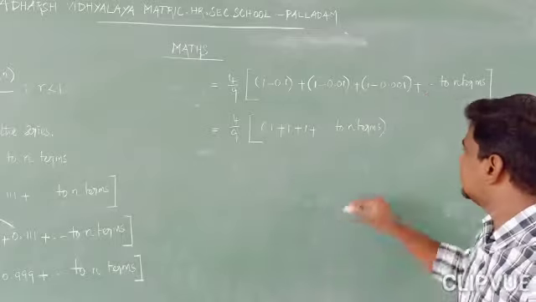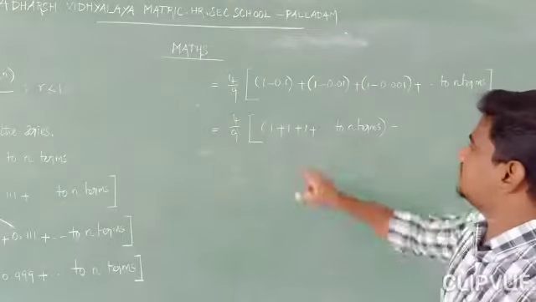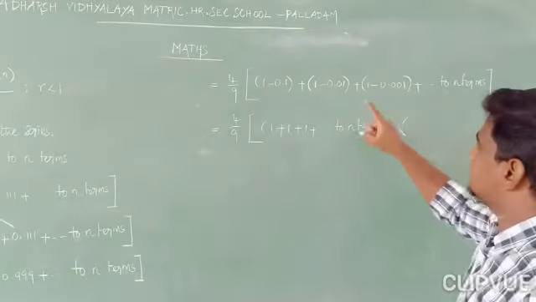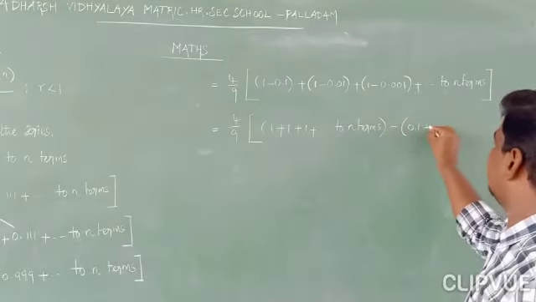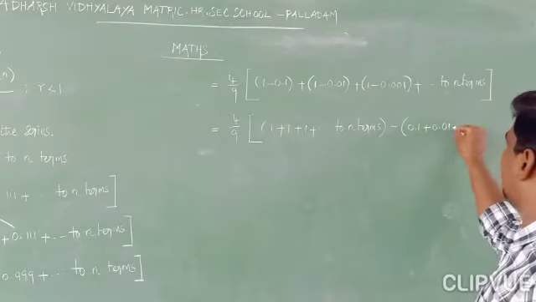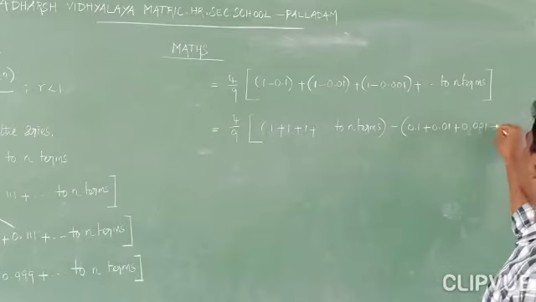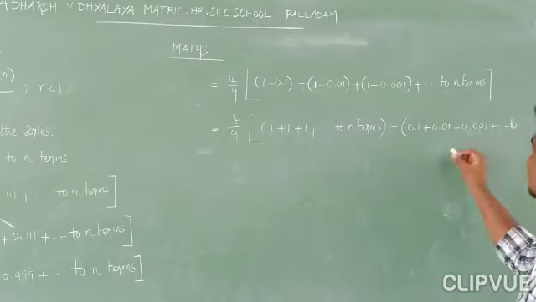Okay. Next, minus. The minus is common, so we can take it out. Next 0.1 plus 0.01 plus 0.001 to n terms.